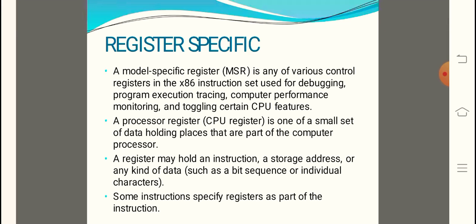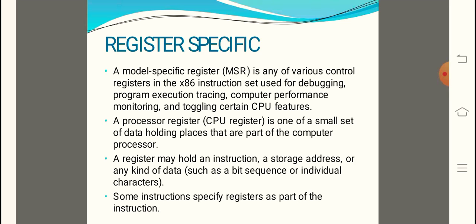Now we are going to see about register specific. A model specific register, MSR, is any of various control registers in the x86 instruction set used for debugging, program execution, tracing, computer performance monitoring, and toggling certain CPU features.